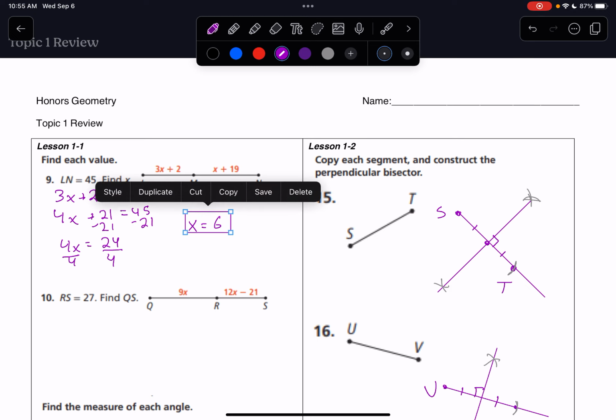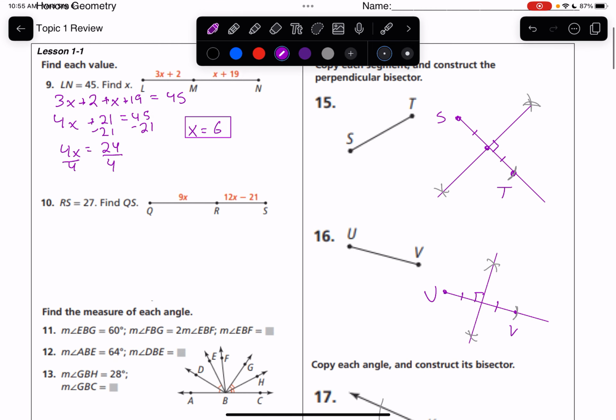Down on the next one, we have RS equals 27, find QS. So we're working a little bit backwards here. If RS equals 27, then that means 12x minus 21 equals 27. So we'll add 21 to both sides. We get 12x equals 48. Divide by 4. So x equals 12.